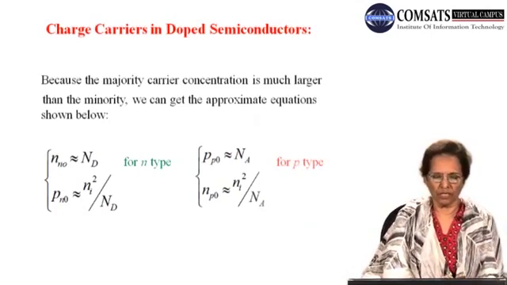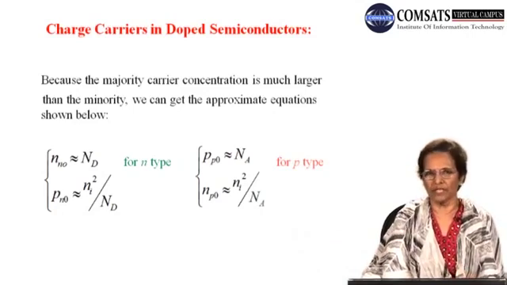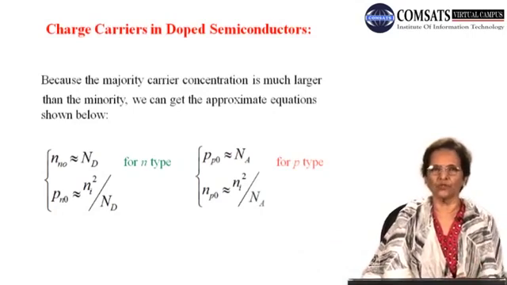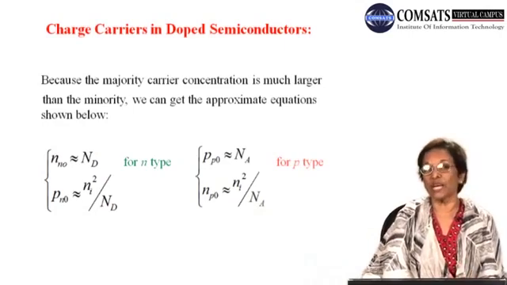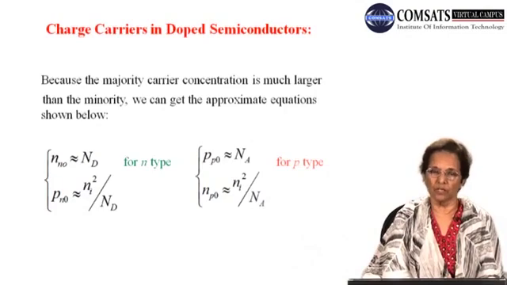Now this term on the left side of your slide, n_n0, let me clarify this terminology. n stands for free carrier concentration of the electrons. Subscript n refers to n-type material and 0 refers to thermal equilibrium.